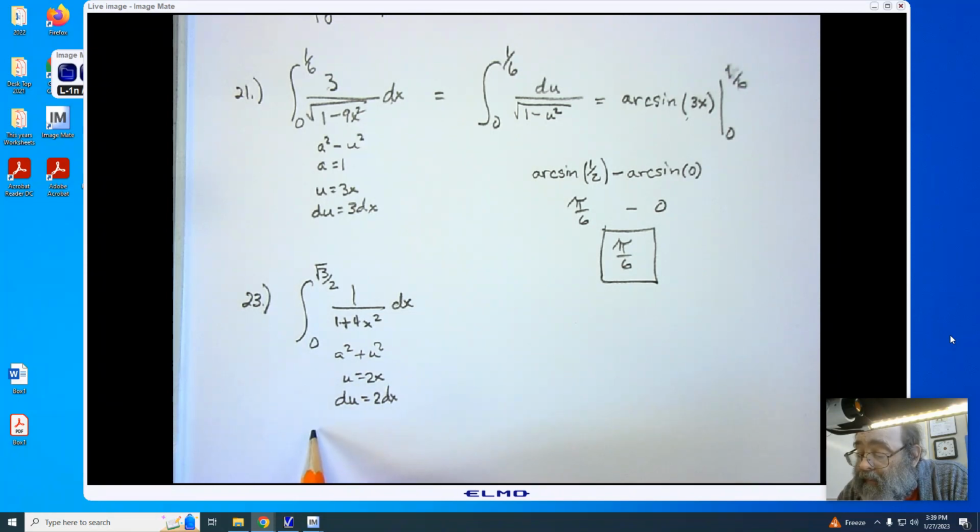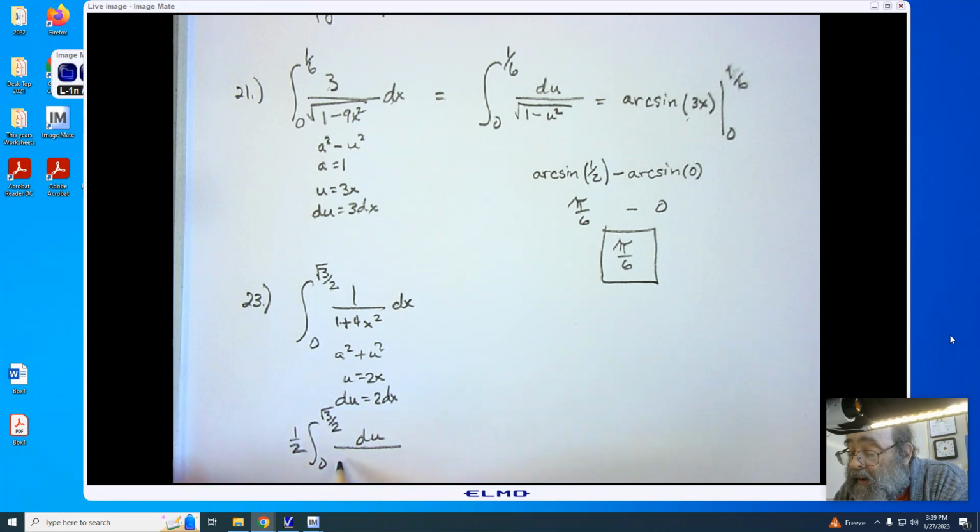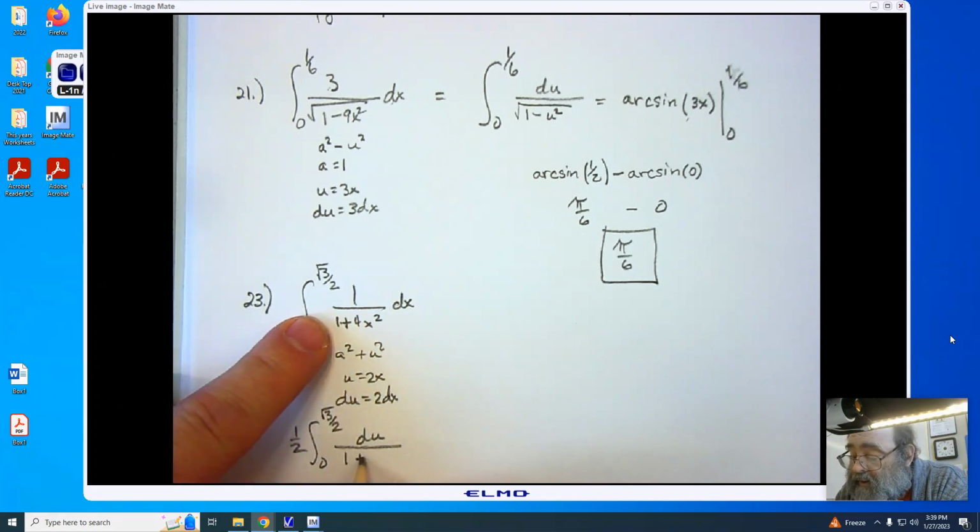So here we go. I have the integration from 0 to root 3 over 2. I have a du with a 1/2 on top. And I'm looking at, let's make sure I can put this in, 1 plus u squared.